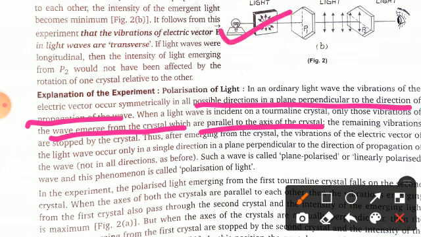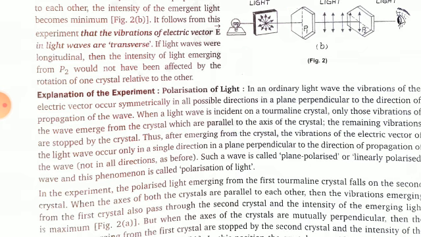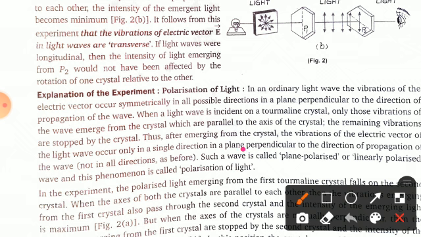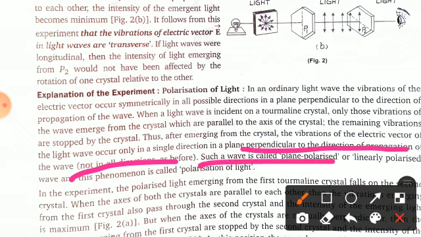You can see this from the figure. The remaining vibrations are stopped by the crystal. Thus after emerging from the crystal, the vibrations of the electric vector of the light wave occur only in a single direction in a plane perpendicular to the direction of propagation of the wave, not in all directions as before. Such a wave is called a plane polarized wave.